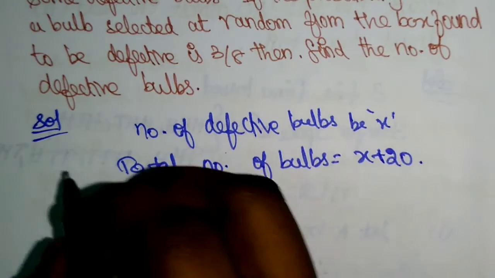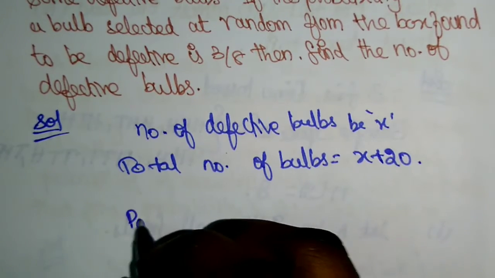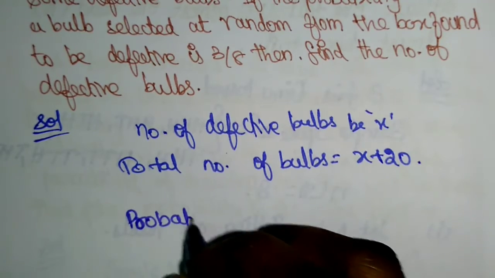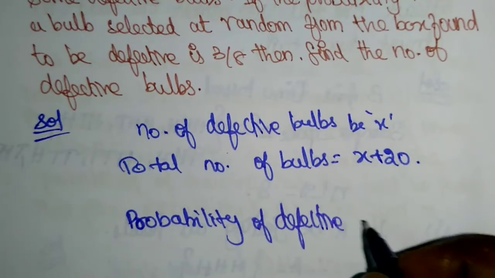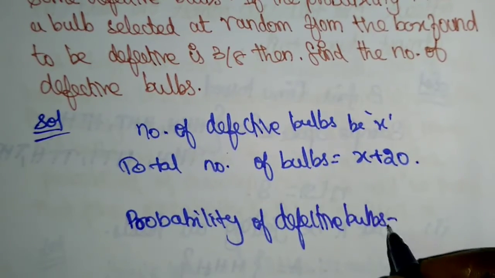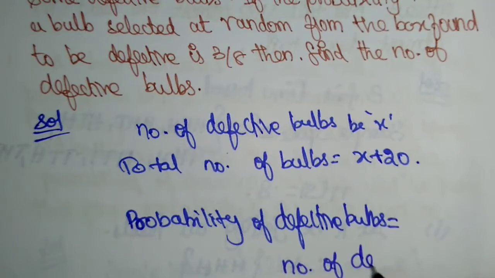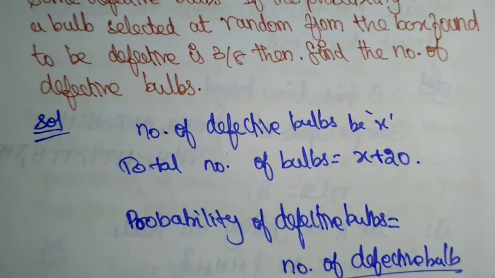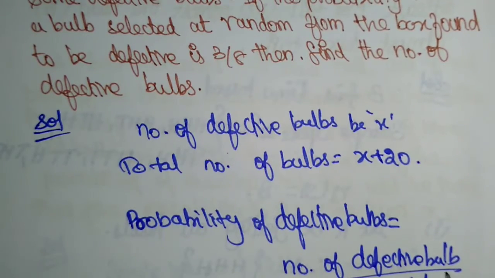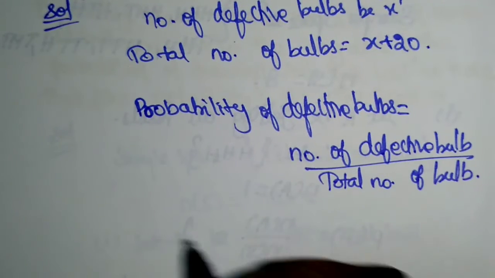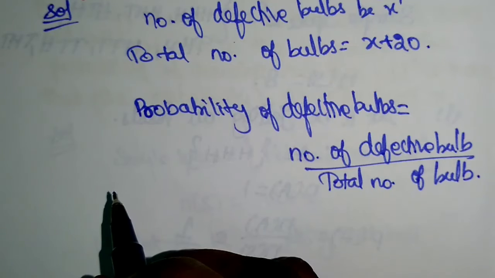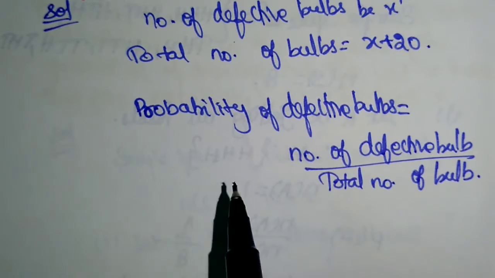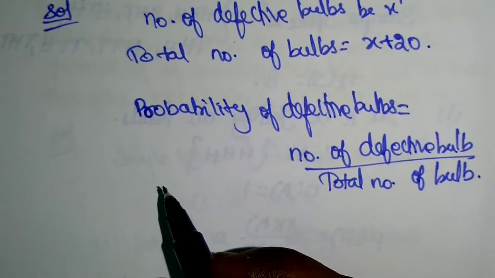So the probability of a defective bulb is equal to the number of defective bulbs divided by the total number of bulbs. Here it is given that the probability of a bulb selected at random from the box being defective is 3 by 8.